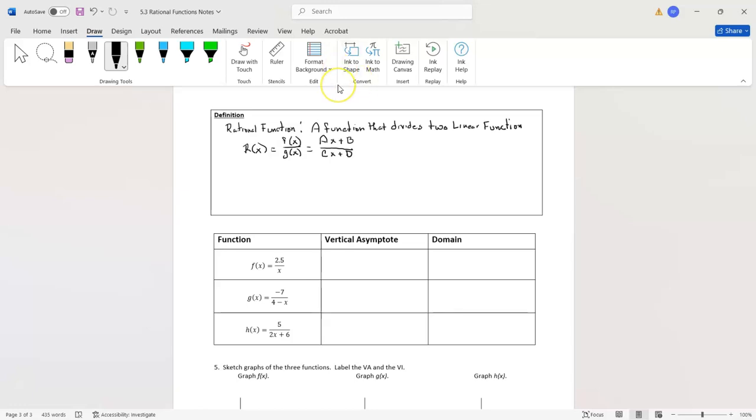And so we have linear function number one, and we're going to divide that by linear function number two.